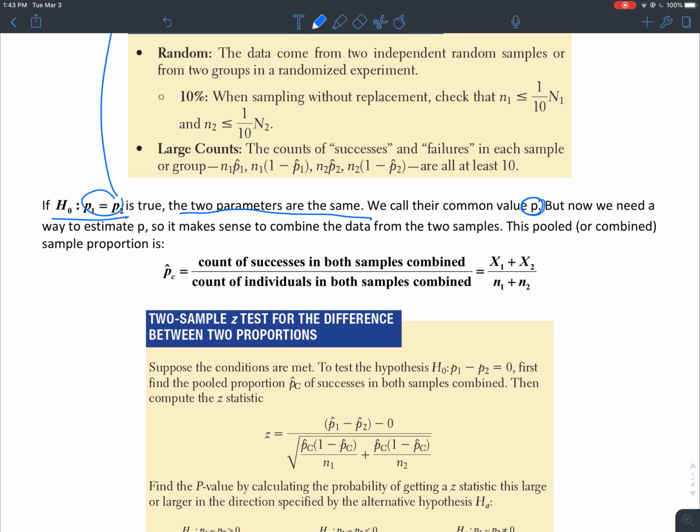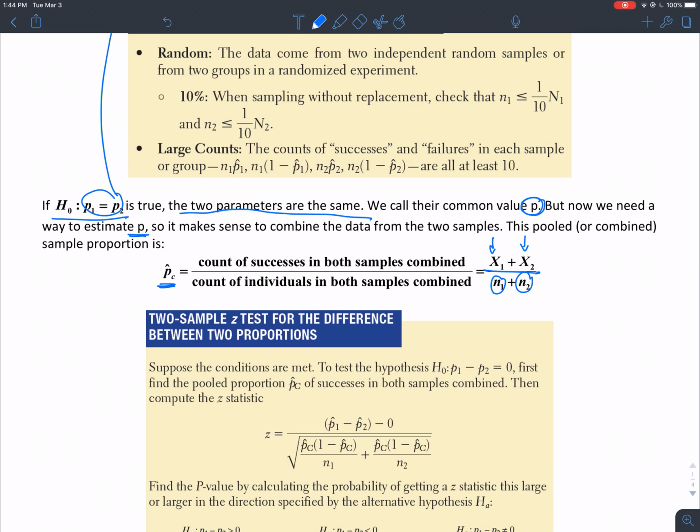So what we do is come up with an estimate for P, and we call that P hat sub C. This is called a pooled sample proportion. What you do is take the number of successes from the first sample, add them to the number of successes of the second sample, and divide that by the sum of the sample sizes.